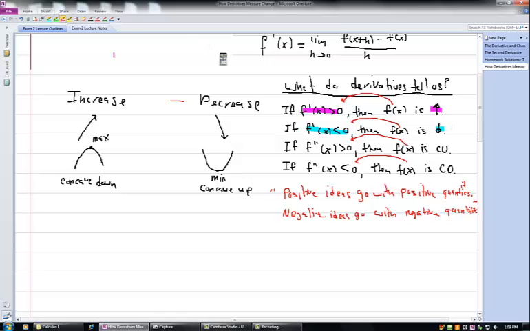And then if the second derivative is positive, that's a positive quantity, it goes with the positive idea of concave up. It's a smile, smiling to positive. Whereas if the second derivative is negative, it goes with the negative idea of concave down.